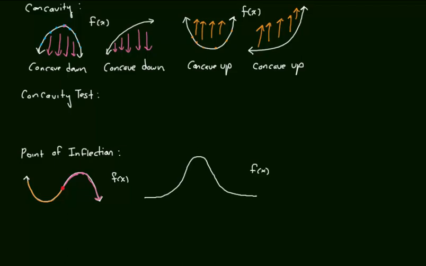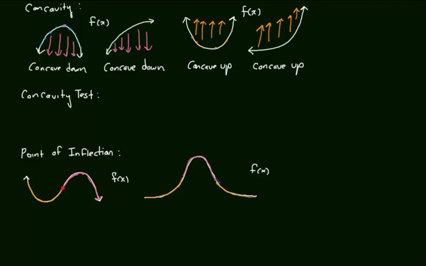In this second function, which resembles a bell shape, we will see here that it's concave up, and then again at some point it changes its concavity. So in this interior part, it's concave down. Remember, the cave is facing down even though the vertex is up. And then it switches back to concave up.